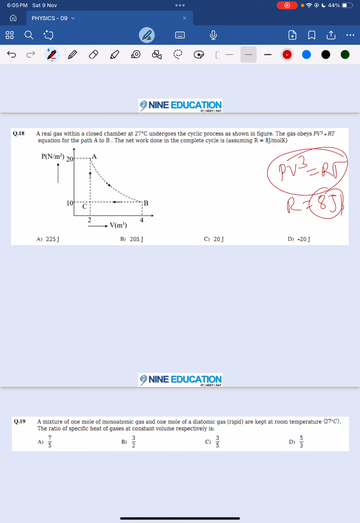Okay sir. But if we see PV cube by RT, we need to calculate what would be the work done. So work done will happen in this process and this process, right? Yes or no? So if it is happening, we need to calculate P1 V1 cube and P2 V2 cube, right?